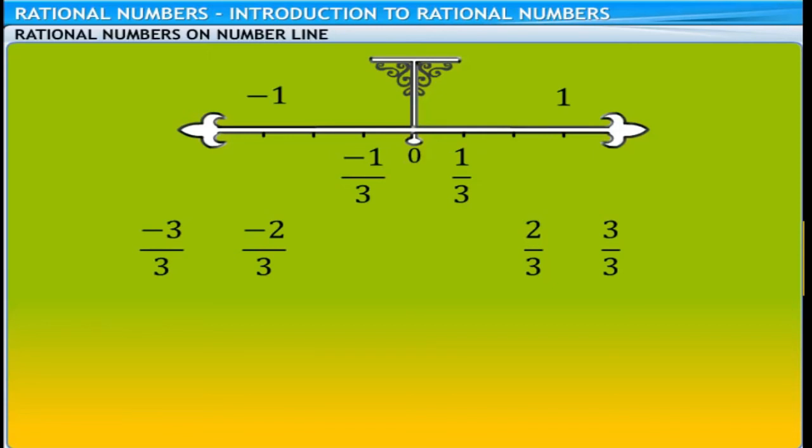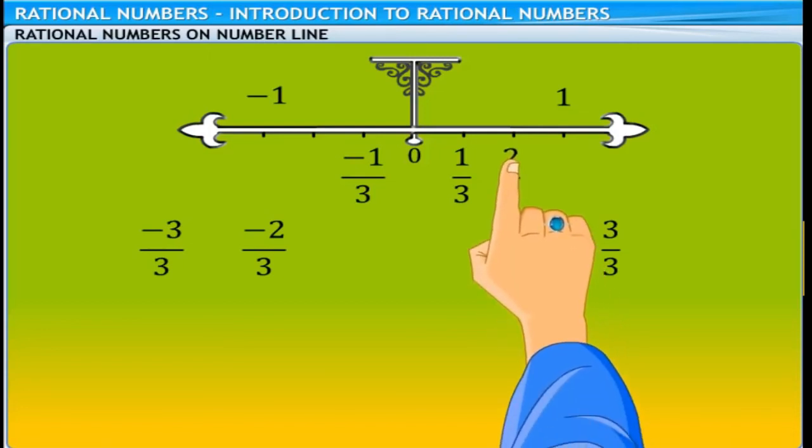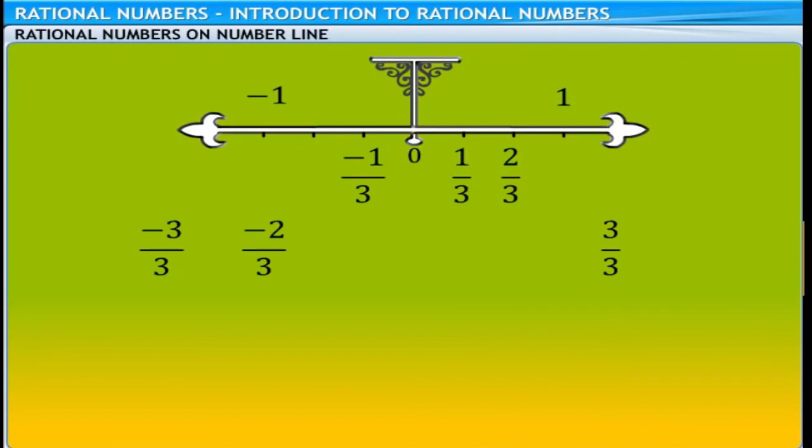So, the second mark from 0 between 0 and 1 represents the rational number 2 divided by 3. The distance of 2 divided by 3 and -2 divided by 3 is the same from 0. So, the second mark from 0 between 0 and -1 represents the rational number -2 divided by 3.